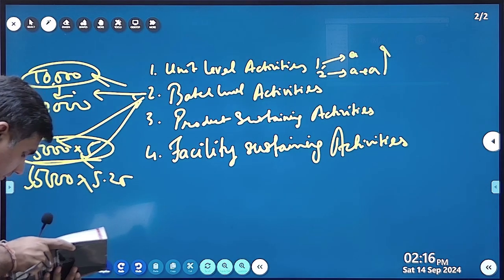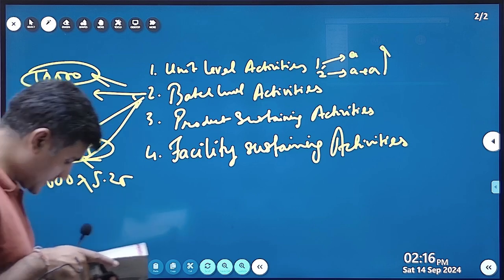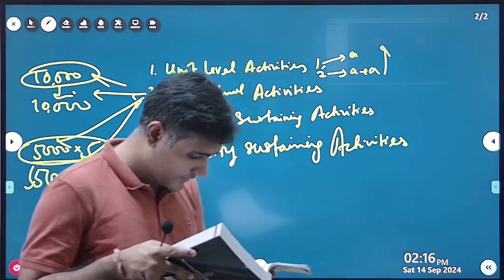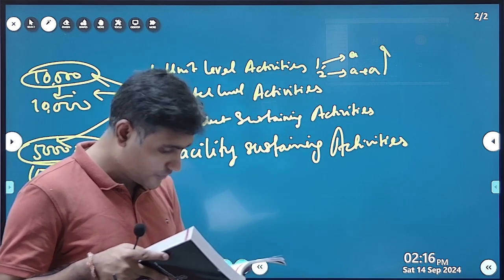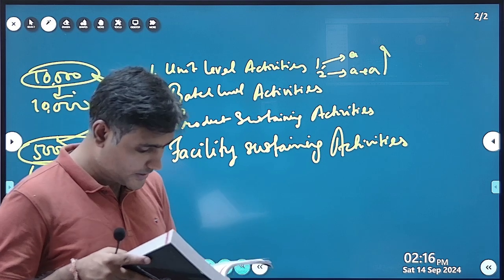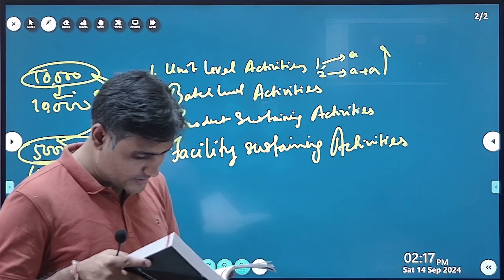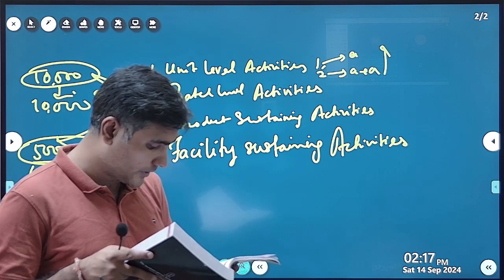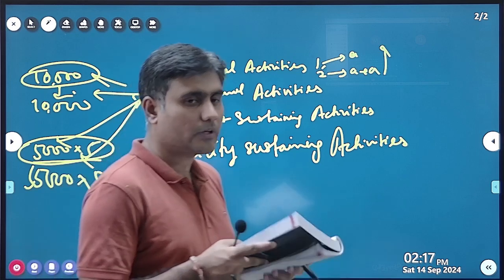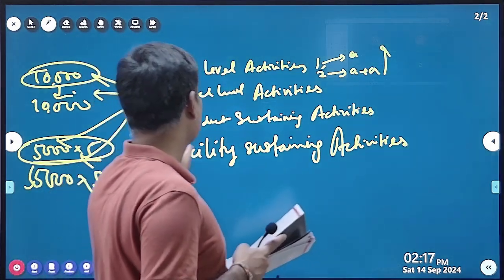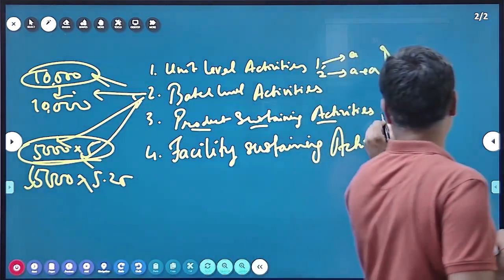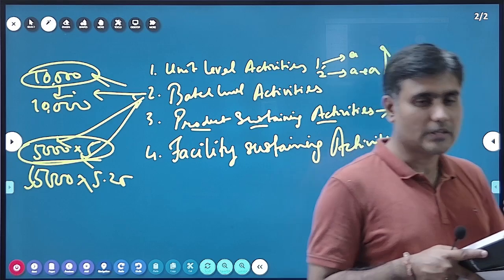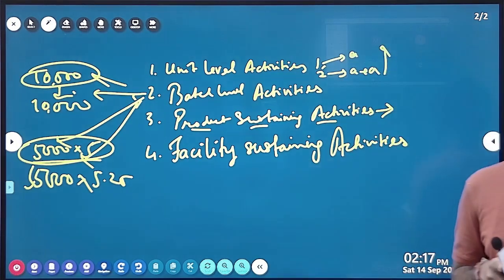Right, then we will go through product sustaining activities or services. Product sustaining activities are performed to enable the production or sale of an individual product or service. Maintenance of equipments, engineering charges, testing routines, maintaining bills of materials are a few examples of those product level activities. If you do not keep up your machine servicing, then it will become what?